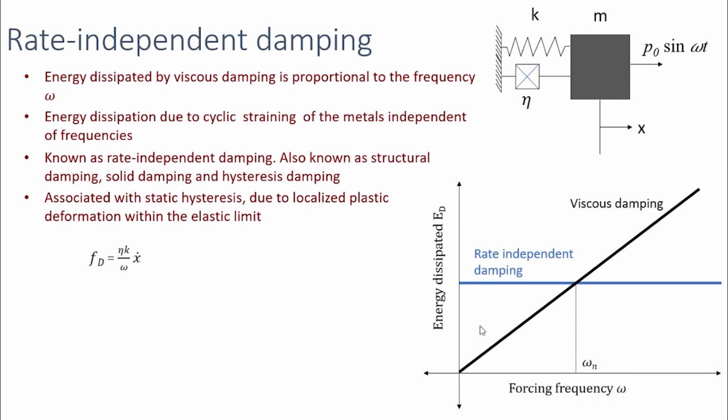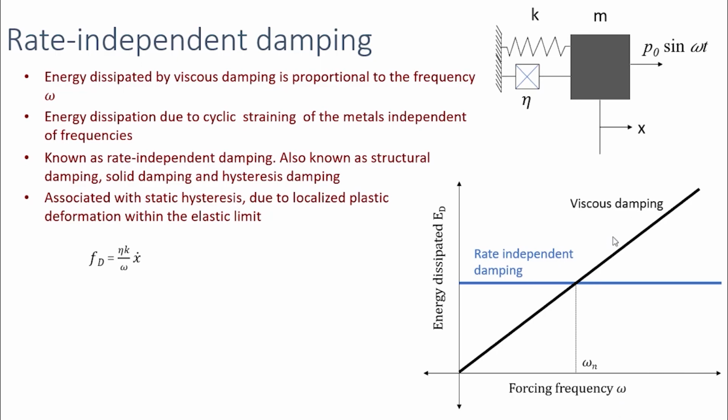This shows the energy dissipation with respect to the forcing frequency in two different cases of damping. In viscous damping, as we have learned earlier, the energy dissipation depends on the forcing frequency. But in the case of rate independent damping, the energy dissipation does not depend on the forcing frequency.